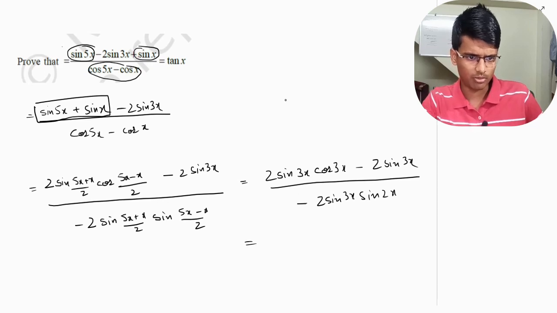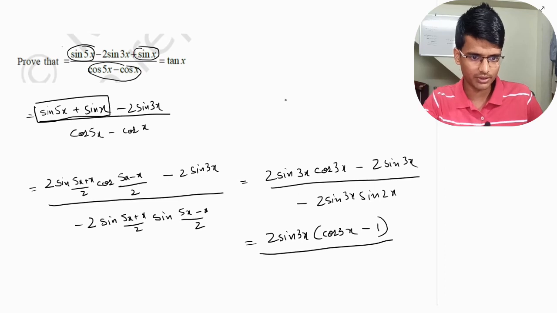Here I can take 2 sin 3x common in the numerator. I'll get cos 2x minus 1, and in the denominator I have minus 2 sin 3x sin 2x.